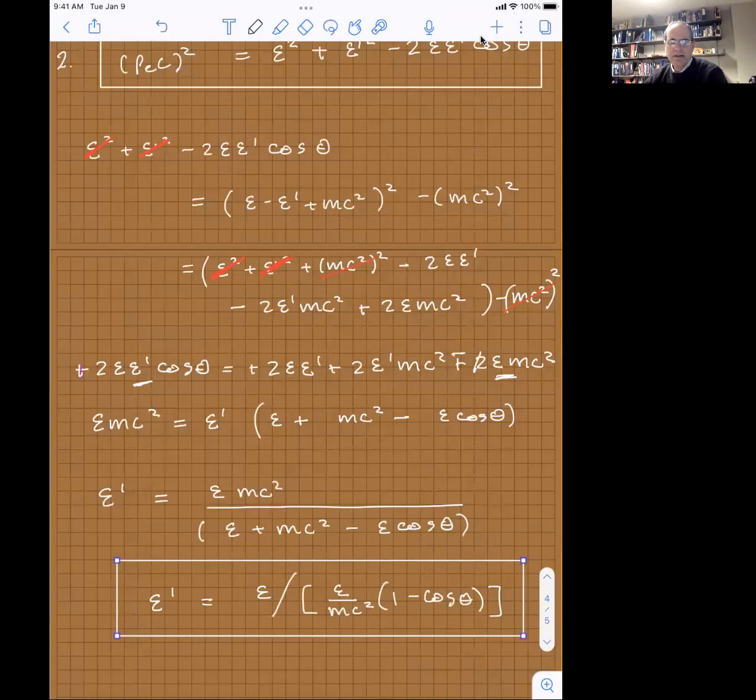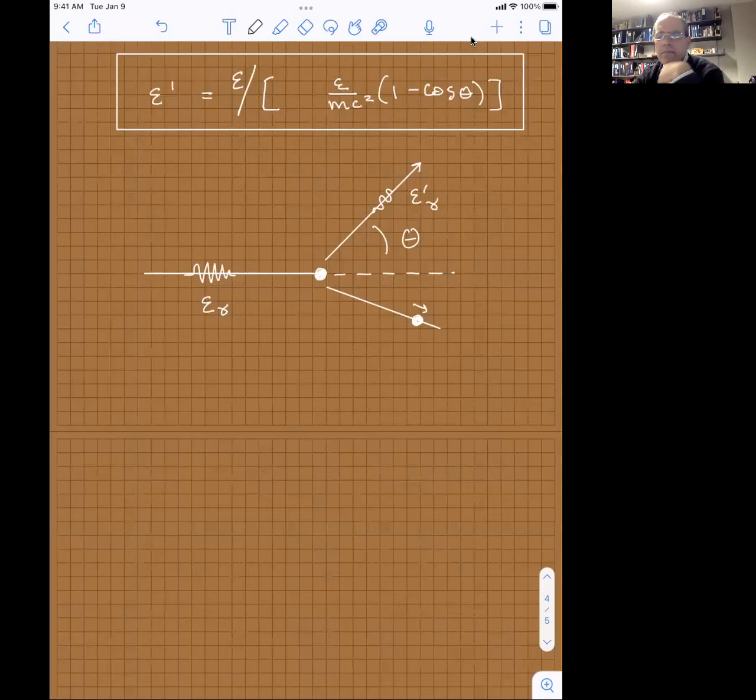So what we've done here is to find a formula for the energy of the scattered gamma ray in terms of the energy of the initial gamma ray, the mass energy of the electron, and the scattering angle theta. Oh, and I see I left one term out. It should be 1 plus all of that. That's our expression for Compton scattering, written in terms of the energies of the particles.